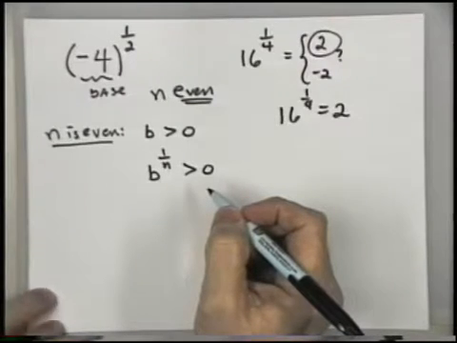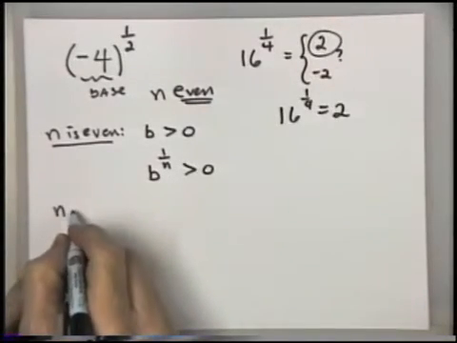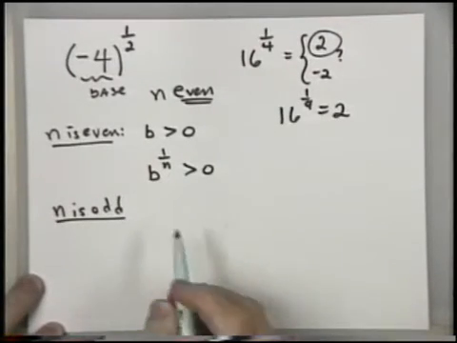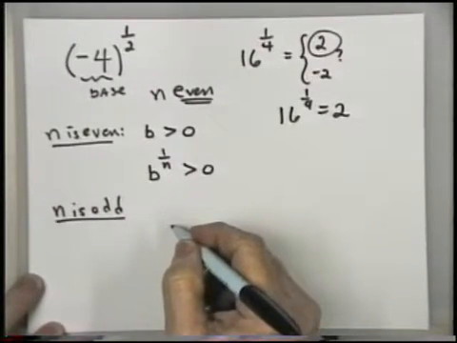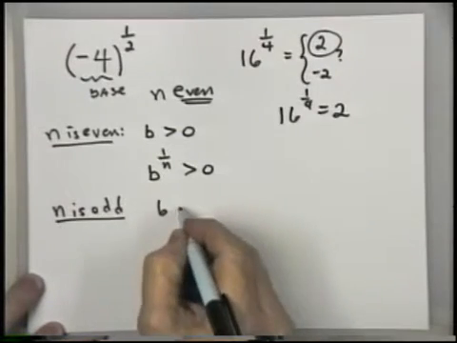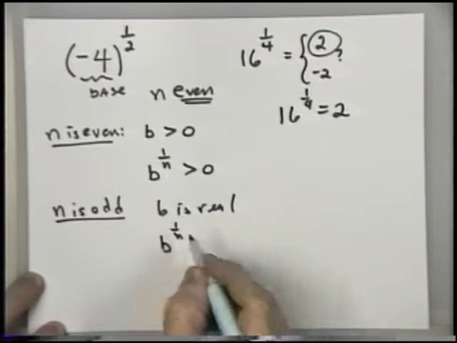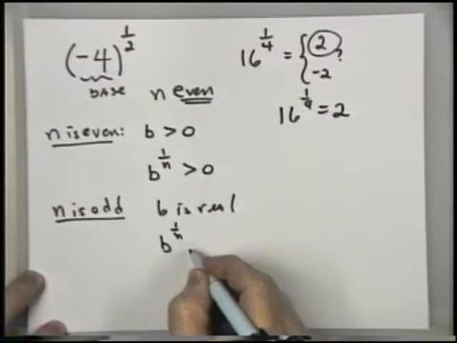And in the case where n is odd, everything works fine. b can be any real number, and b to the 1 over n will be unique.